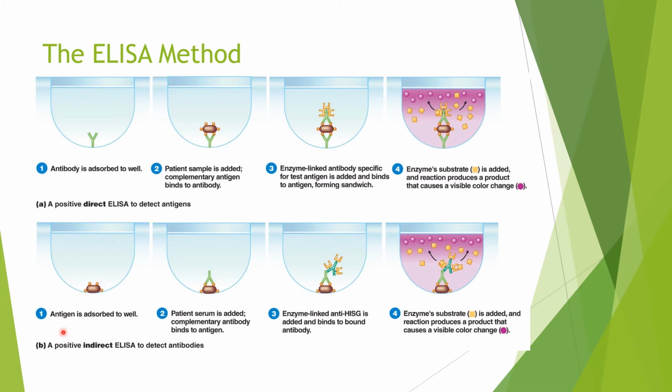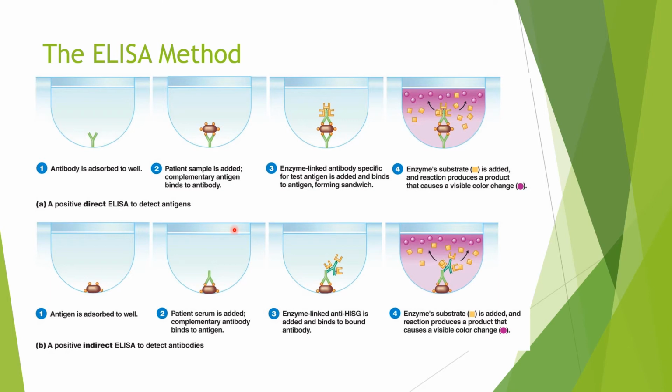The other way of detecting whether the patient has a certain bacterial infection is, instead of adding a known antibody first, we add the known antigen. So again, we add bacteria A already into the well. And we want to figure out, again, whether the patient has bacteria A. So what do we do? We take a sample of the patient's serum.